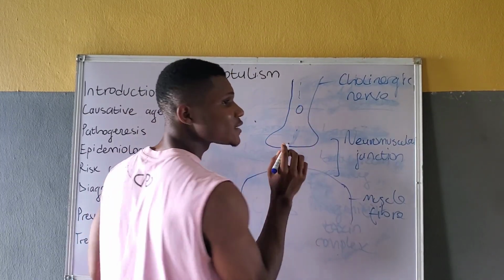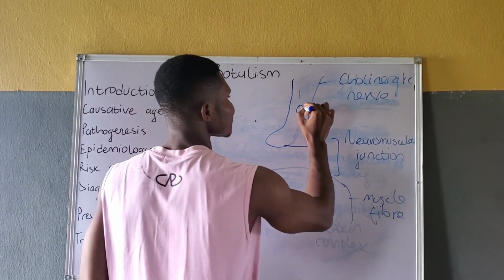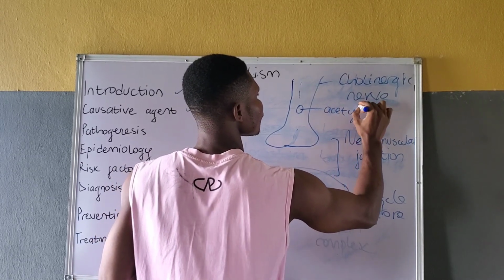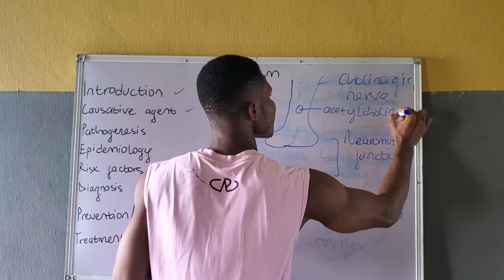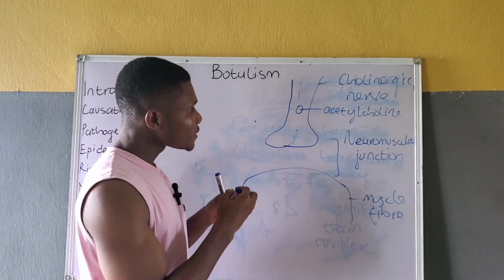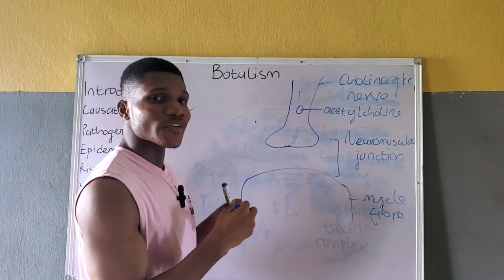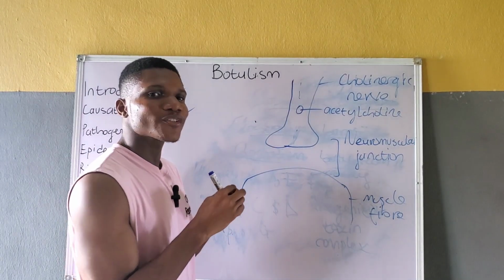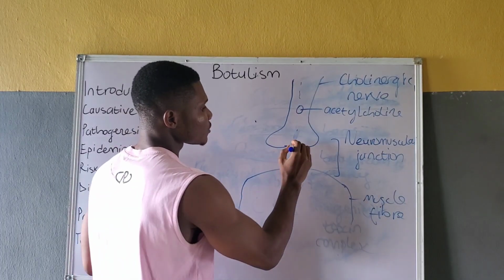The vesicles contain a neurotransmitter, particularly acetylcholine. Once triggered, the vesicles release the acetylcholine present in them, and the acetylcholine, once released, binds to the nerve membrane.